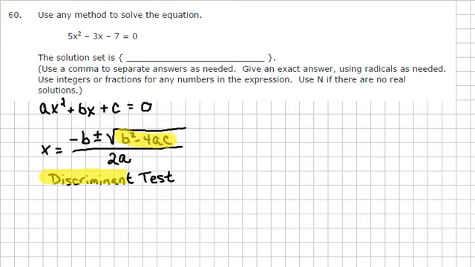So if we use d to represent the discriminant, we can write if the discriminant d is negative, in other words d is less than 0, then there are no real solutions.